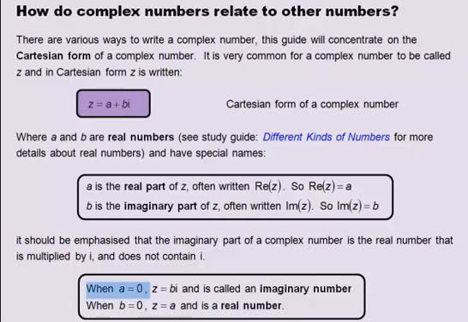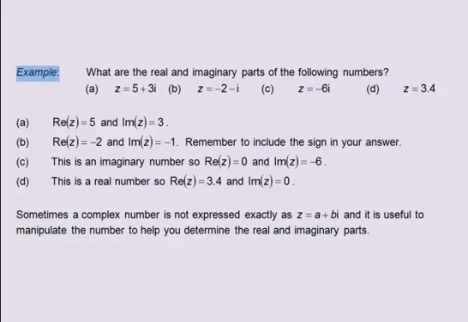When a equals 0, z equals bi and is called an imaginary number. When b equals 0, z equals a and is a real number. Example: what are the real and imaginary parts of the following numbers? A, z equals 5 plus 3i.